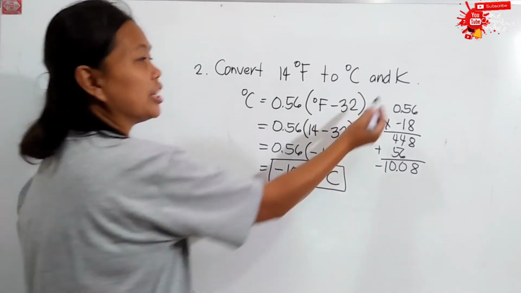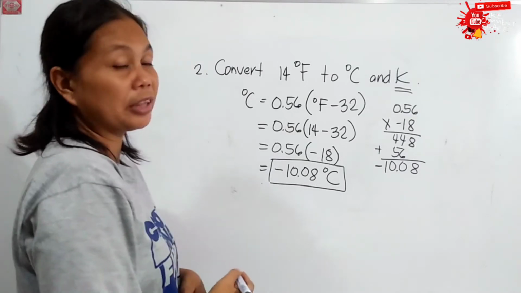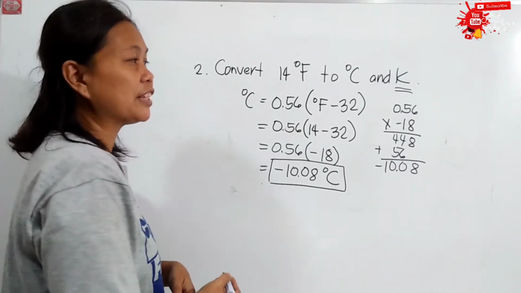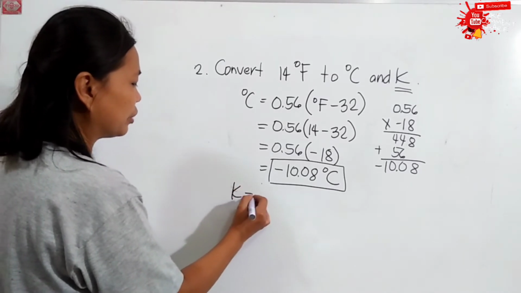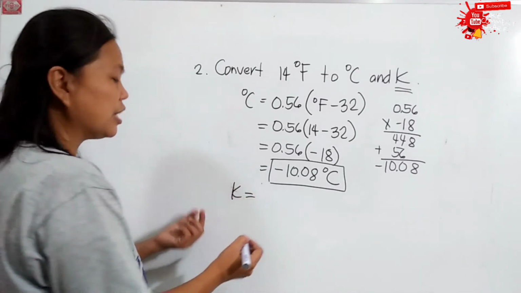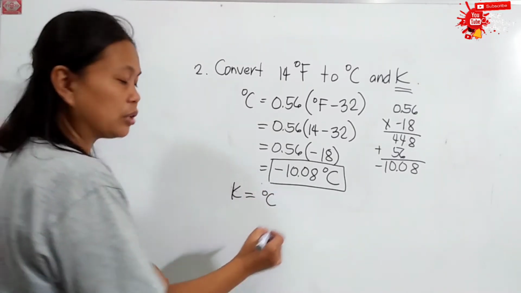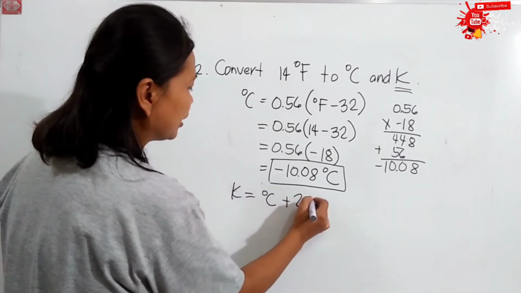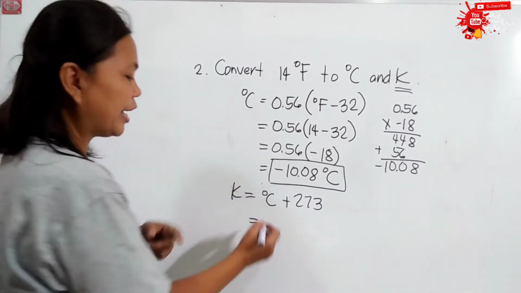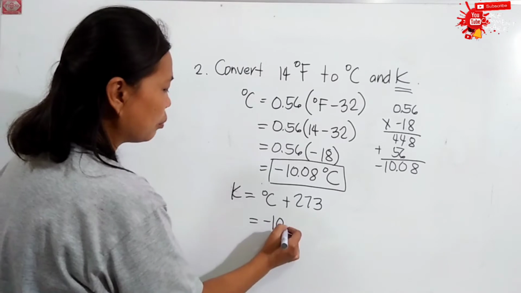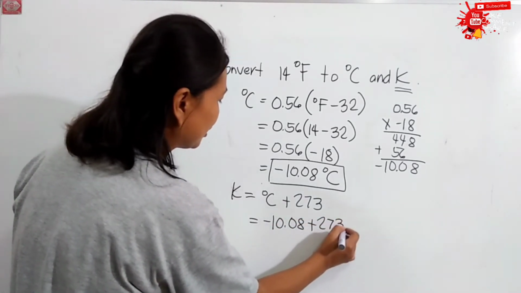Now, we can change it to Kelvin, because we can only change the temperature to Kelvin if it is in degree Celsius. What will be the formula that we're going to use to change it to Kelvin? Kelvin is equal to the temperature in degree Celsius plus 273. Let us substitute. We computed negative 10.08, then plus 273.